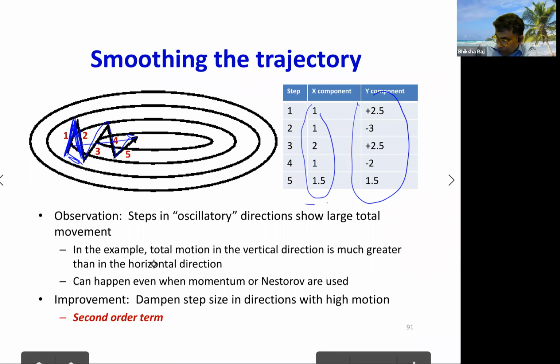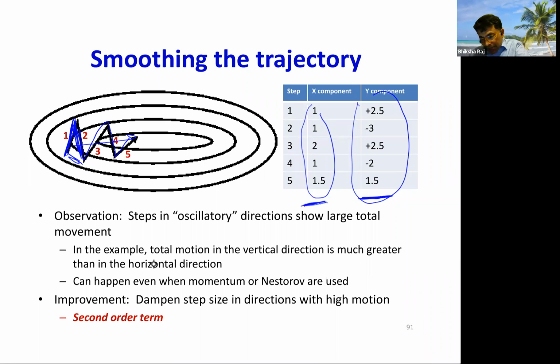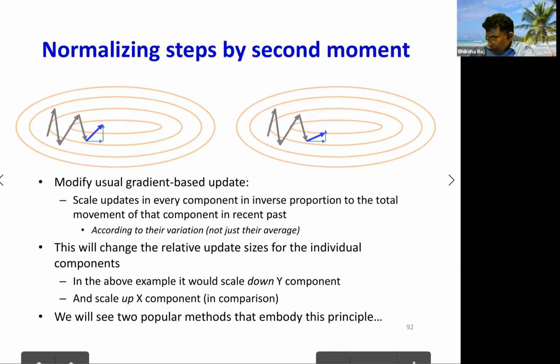So our idea is to try to dampen the movement in directions where it's moving a lot, but without much net movement, and sort of maintain or enhance the movement in directions where it keeps consistently moving in the same direction. And so we'll modify our usual update rule.